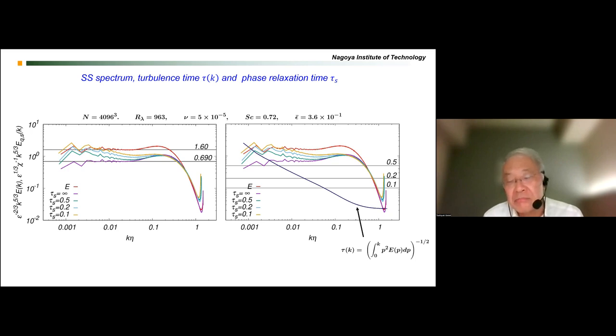But the context here is not to see this part. The point in this DNS is whether the k to the minus 5 thirds range exists or not. For that purpose, I think this behavior is enough.